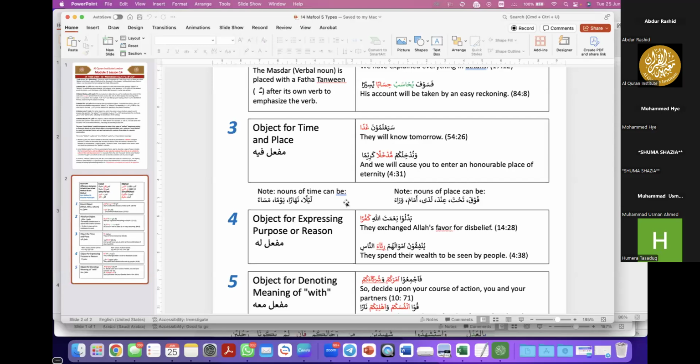Riya'a, to show off. They spend their wealth for showing people. But for is the word. Maf'ul lahu is the for. Riya'an, the noun which explains the reason of the action happening here.